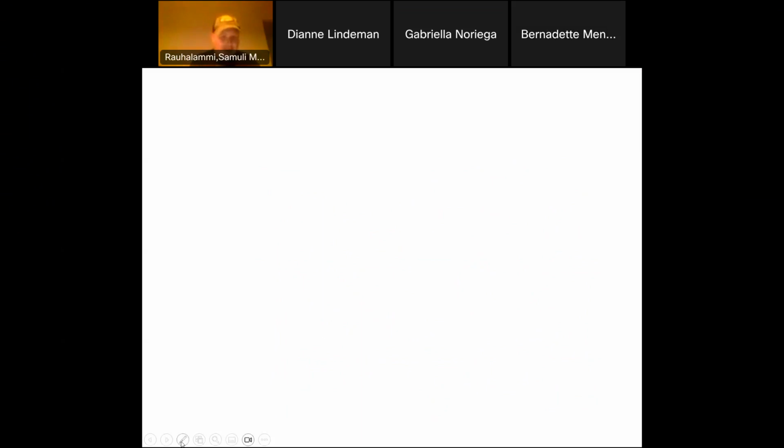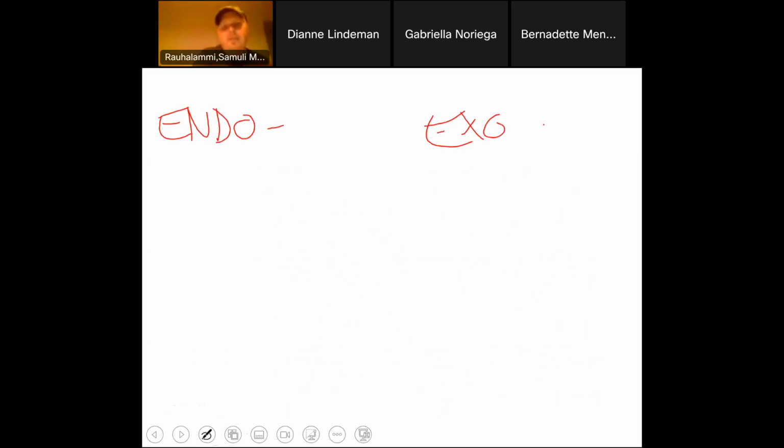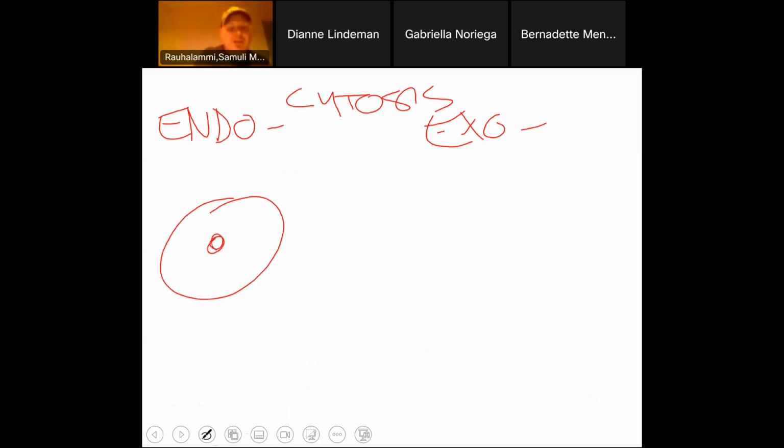So when we're looking at the scale of a cell, here we have a cell and we have a nucleus in there. In endocytosis, we have something that we want to get away from the cell, but these little components that we want to get rid of can't just travel freely across this cell membrane.